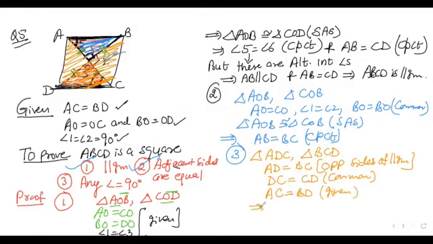So it implies, hence triangle ADC is congruent to triangle BCD by SSS. If triangles are congruent, then their corresponding parts are equal. It means angle C is equals to angle D by CPCT.